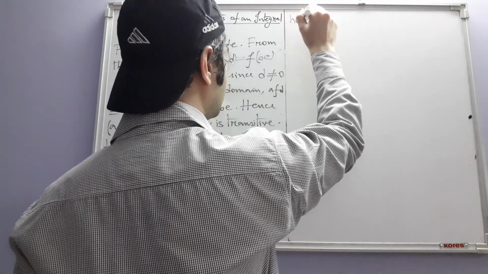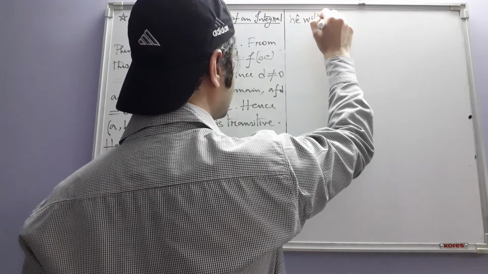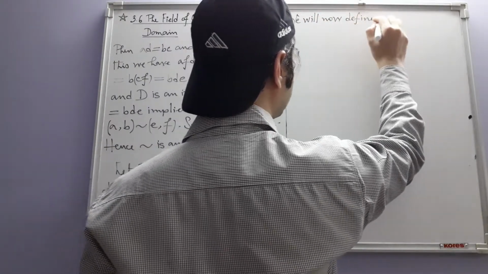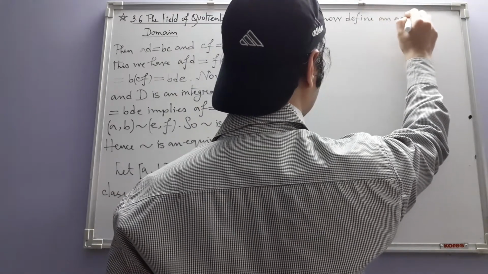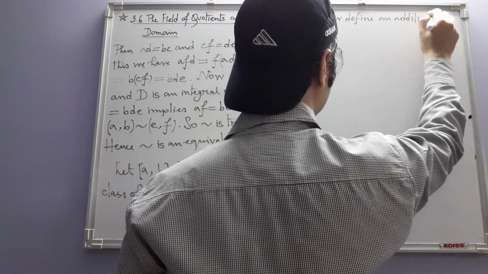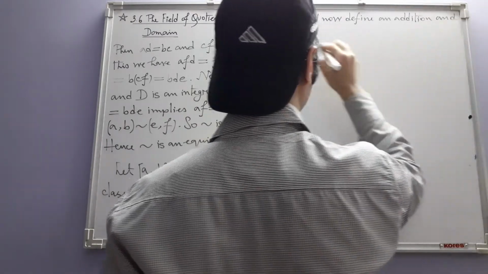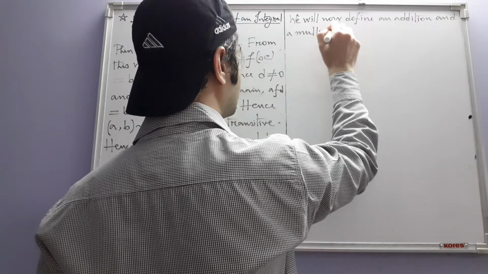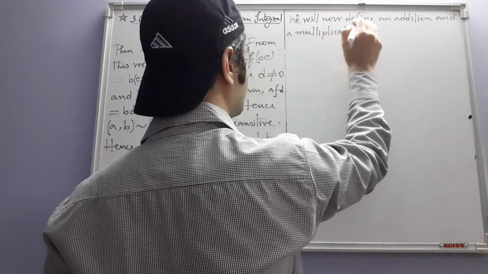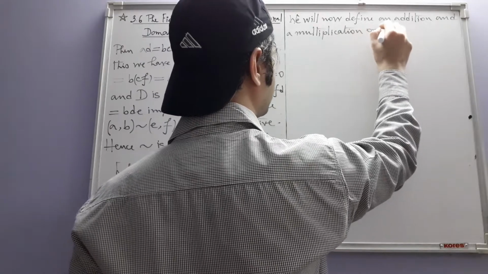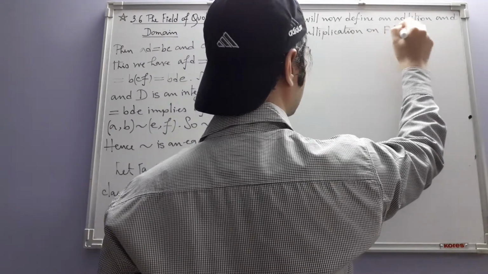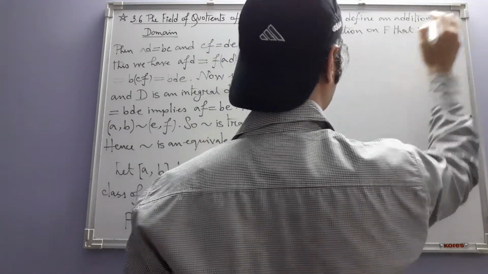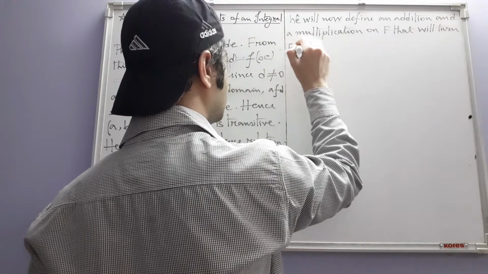We will now define an addition and a multiplication on F that will turn F into a field.